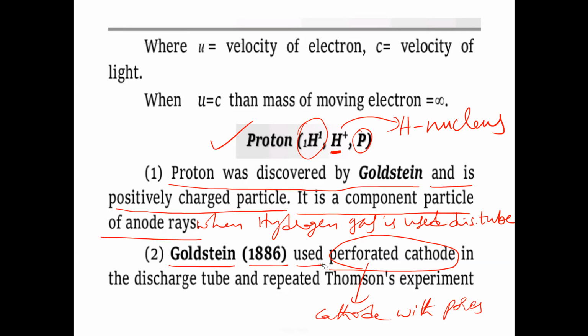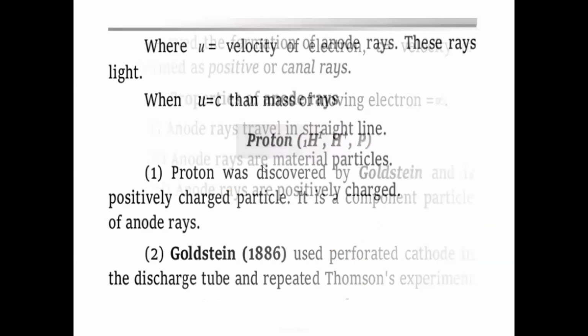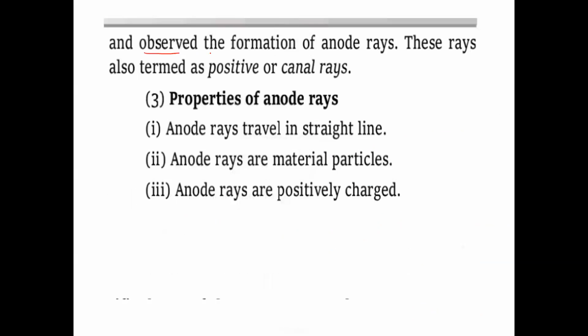Goldstein used a perforated cathode in the discharge tube, repeated Thomson's experiment and observed the formation of anode rays. These anode rays emerge from the anode plate.